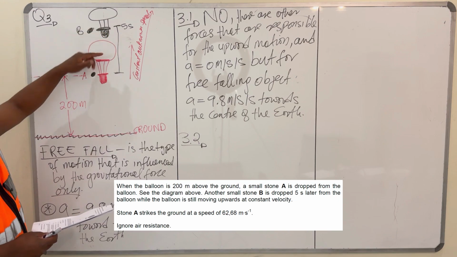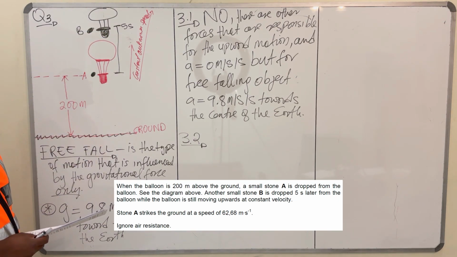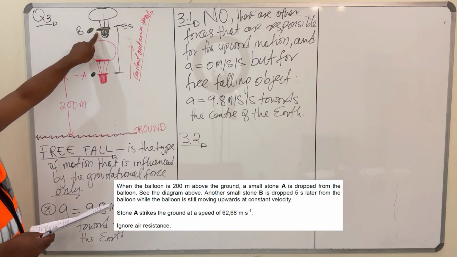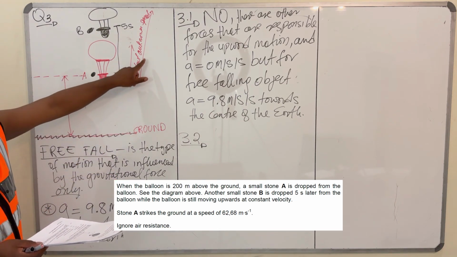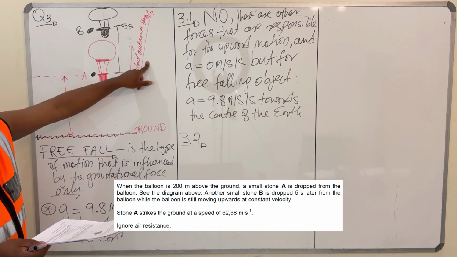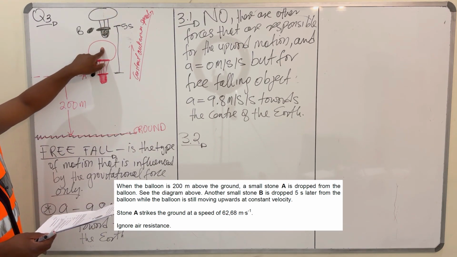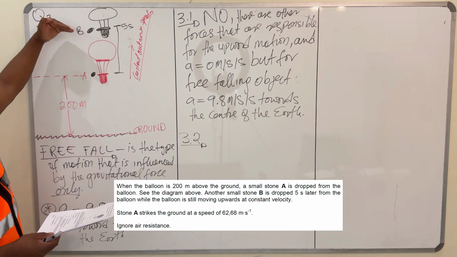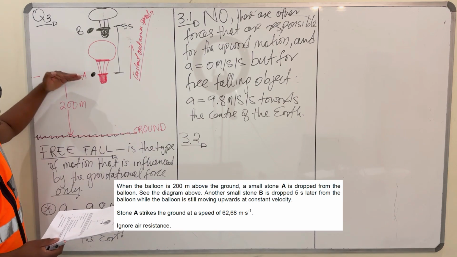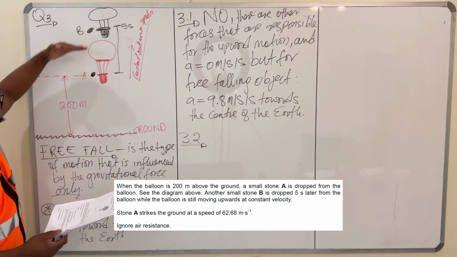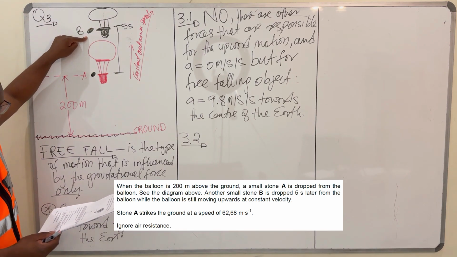After 5 seconds, another stone, B, was also dropped from the hot air balloon, but now at a higher position, because if it continues going up at a constant velocity, then after 5 seconds it will be a bit higher than where it was when A was dropped. It will be up here. So this is where the first stone is dropped. This is 5 seconds from here to there, and then another stone is dropped.